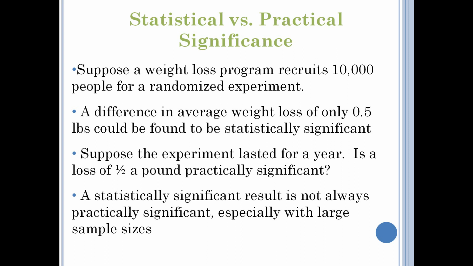So you have 10,000 participants. If each person loses 0.5, this is a huge statistical significance result. However, in real life, if this experiment lasted a year, losing half a pound will really not be practically significant.